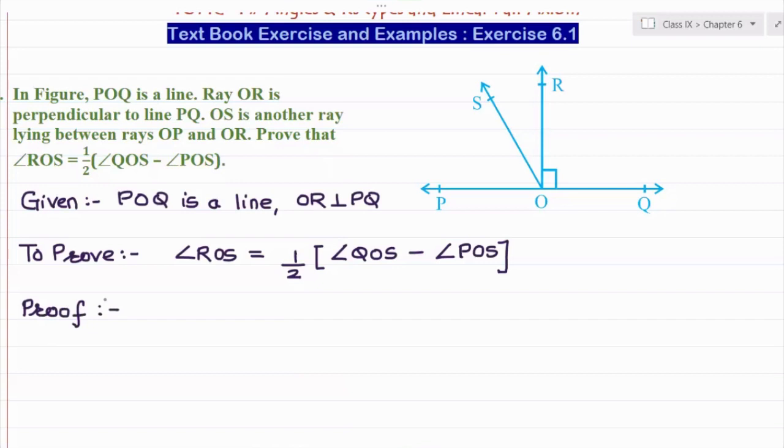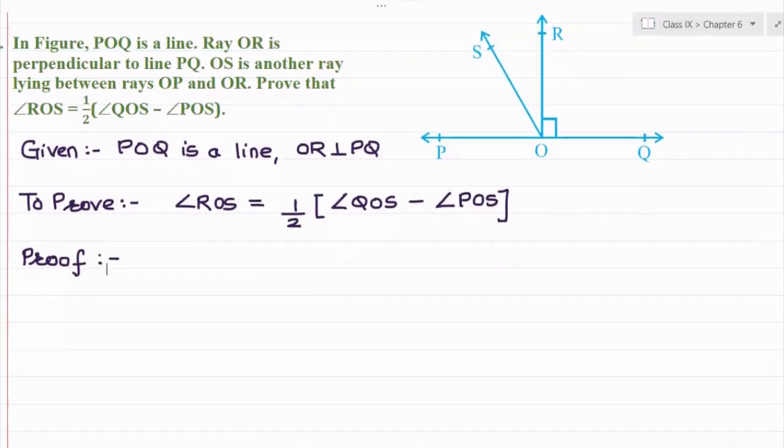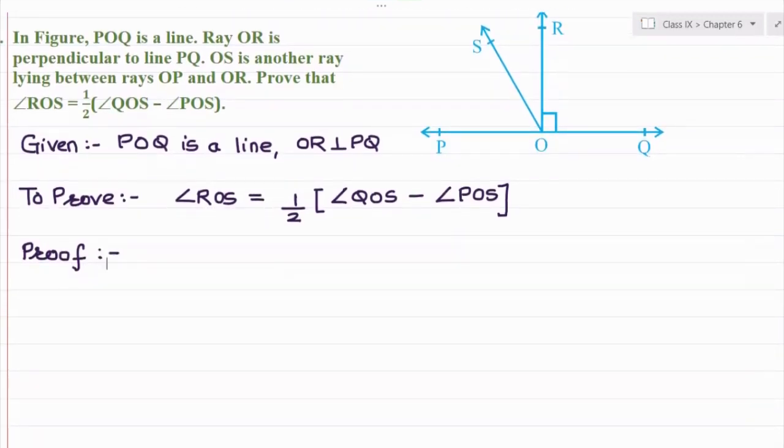Okay, in the proof, first you see we have given that since OR is perpendicular to PQ, right? So since OR is perpendicular to PQ, it will form the angle of 90 degree on both the sides of OR.